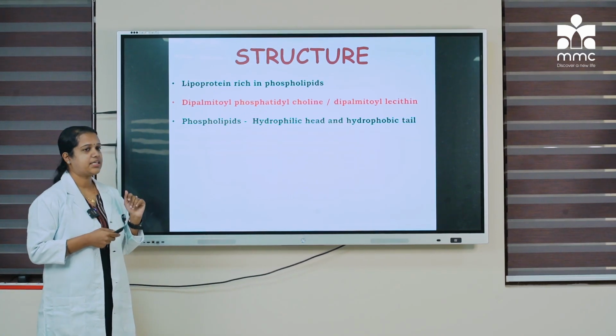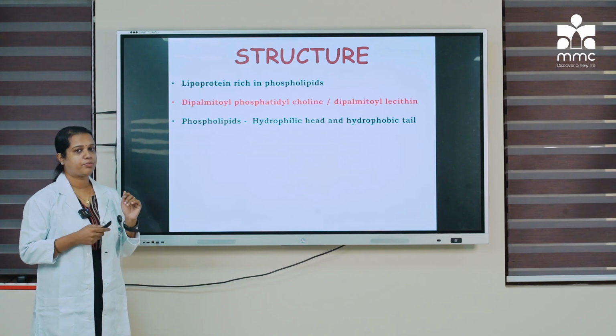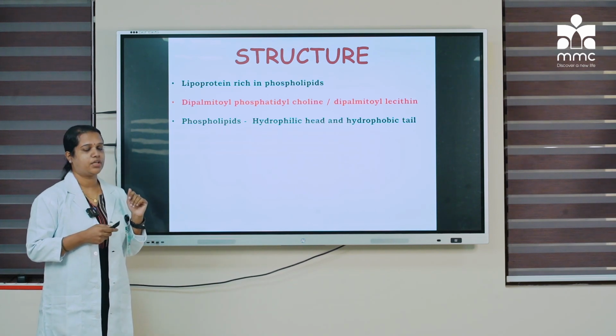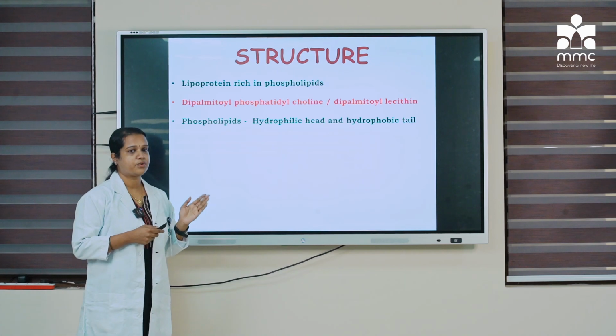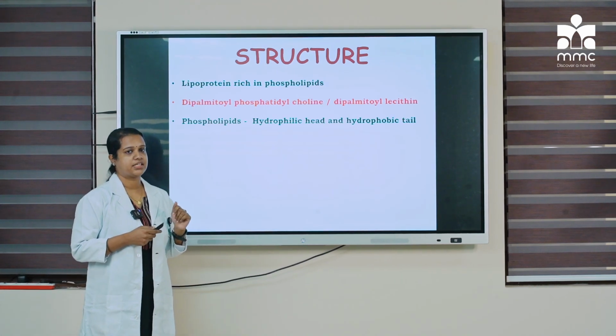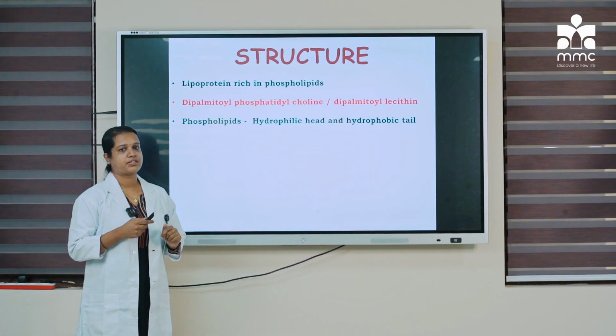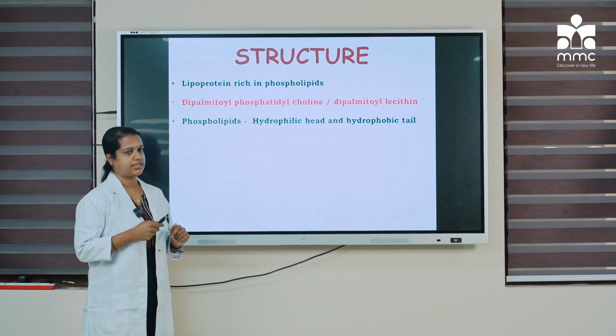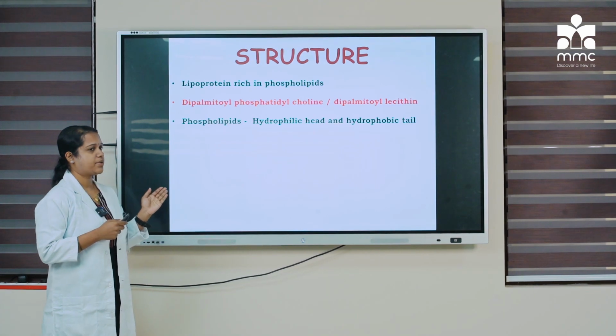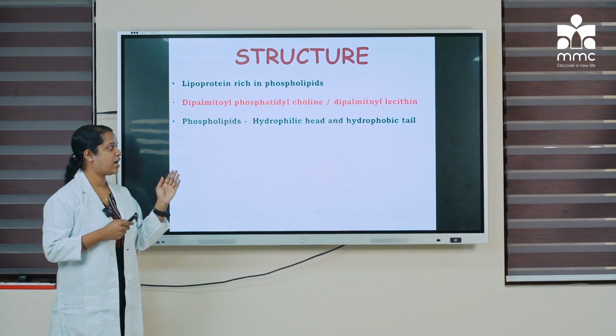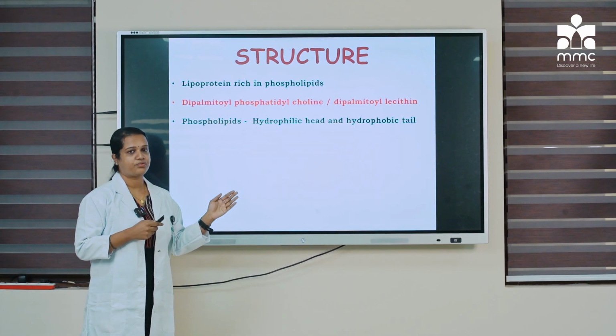Primarily, surfactant is a lipoprotein that is rich in phospholipids, and the principal phospholipid that you can find in the surfactant is dipalmitoyl phosphatidylcholine, which is otherwise known as dipalmitoyl lecithin. Phospholipids, we all know, have a hydrophilic head and a hydrophobic tail.